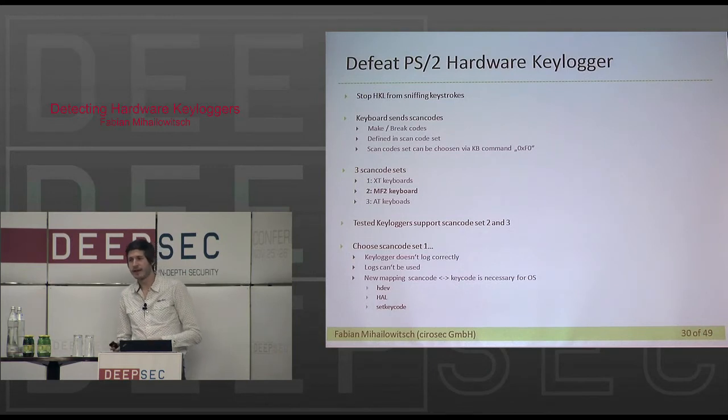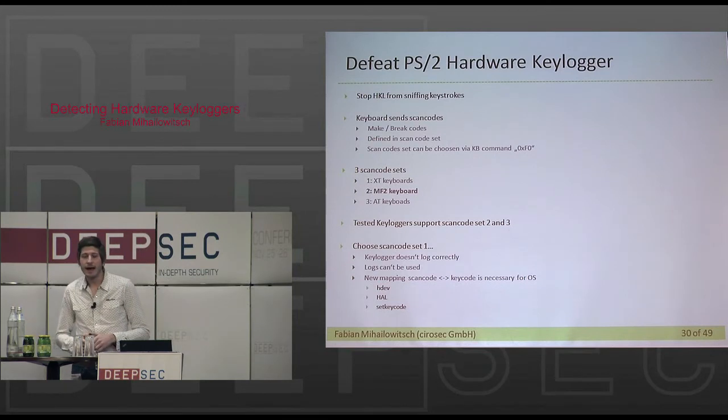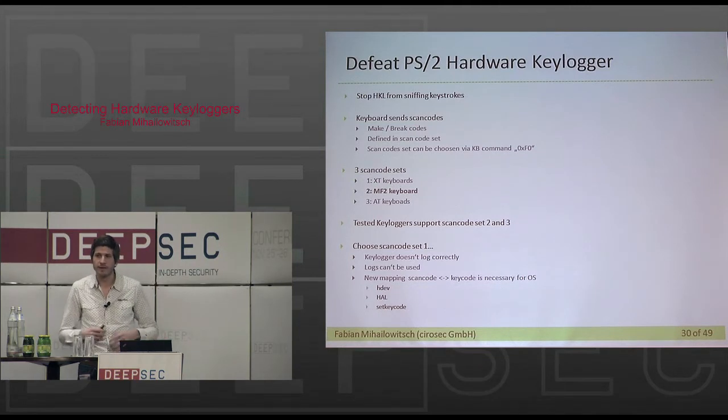The cool thing about that, again, is the scan code set can be set by the KBC. And you have that command F0 to set the scan code, and you have 3 scan code sets which are available, basically 1, 2, 3. We normally use scan code set 2.